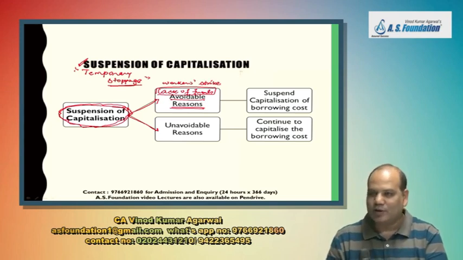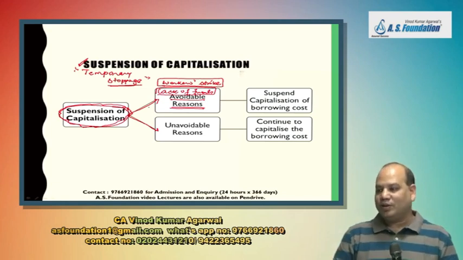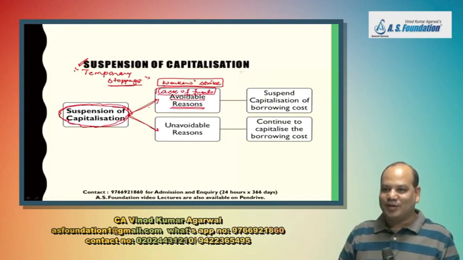Is it avoidable or unavoidable? Avoidable, because you should maintain a proper relationship with the workers. That could have been done. These are all man-made disasters.